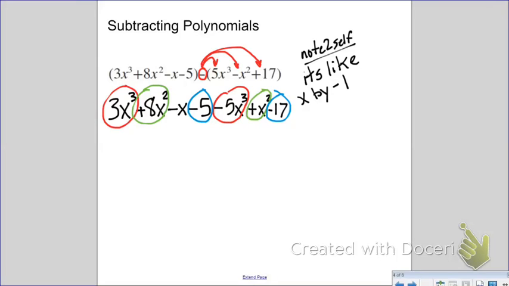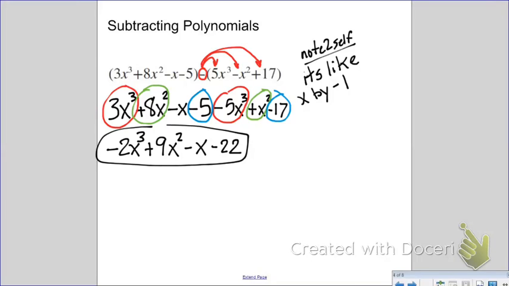So for our red, 3 minus 5 is negative 2x cubed. For our green, 8 plus 1 is 9. And we don't have anything to combine with the minus x, so we just put back minus x. And then negative 5 and negative 17 will be negative 22. And that right there will be our subtracted polynomials.